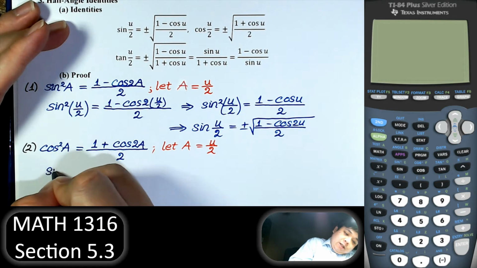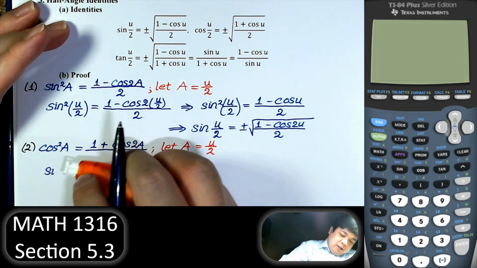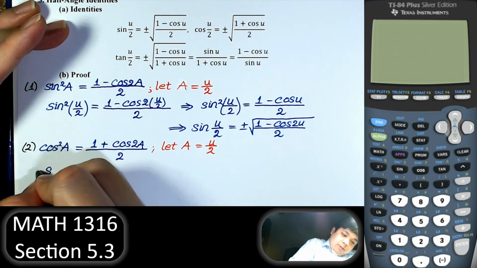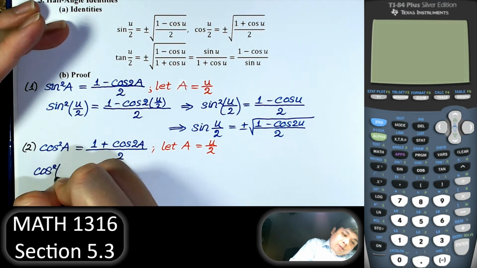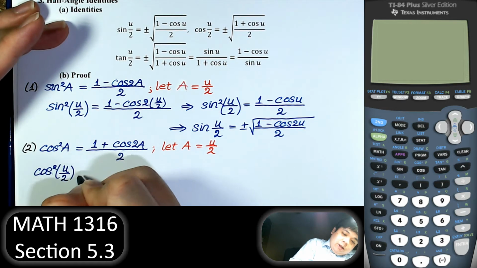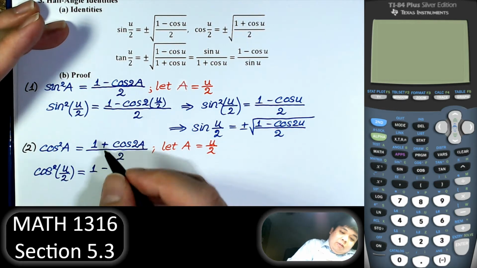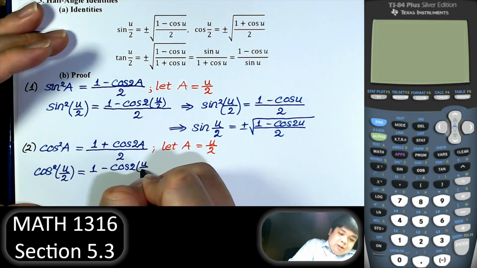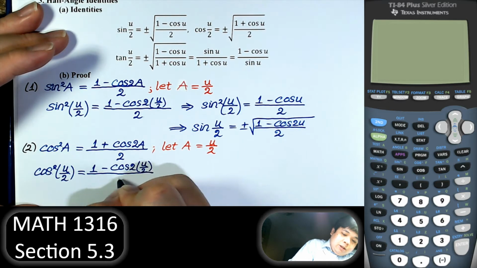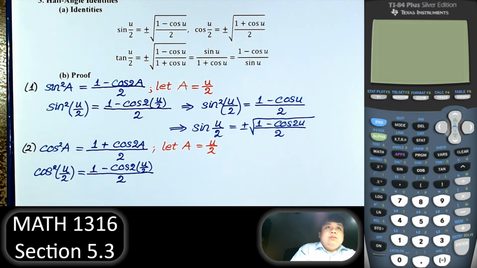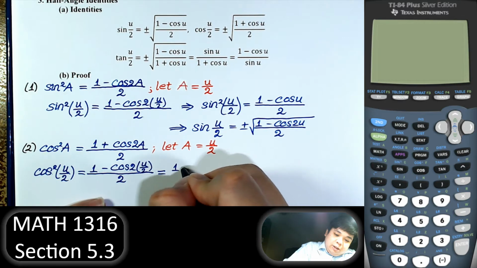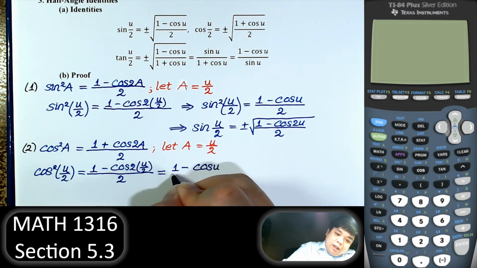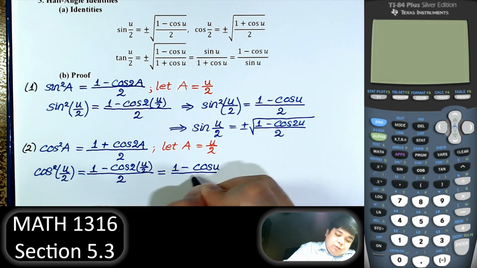So cosine squared of u over 2 equals 1 plus, just substitute in for a, 2 and 2 cancel out. So we have cosine of u, divided by 2.